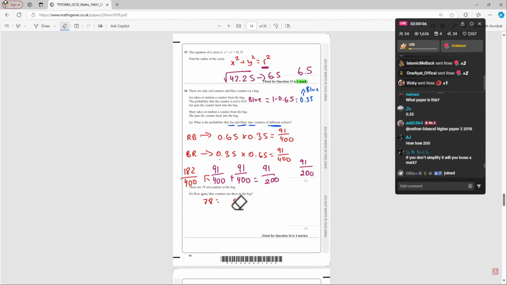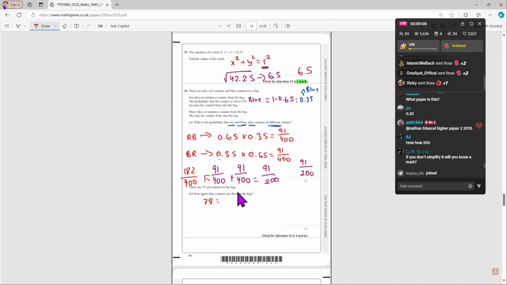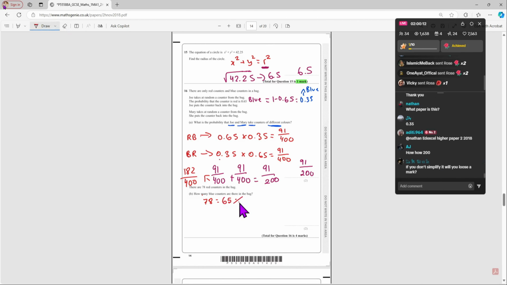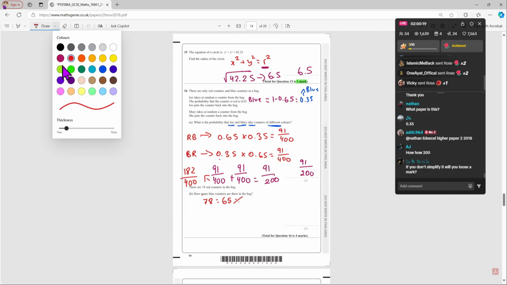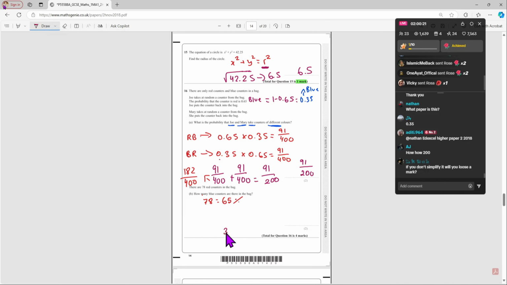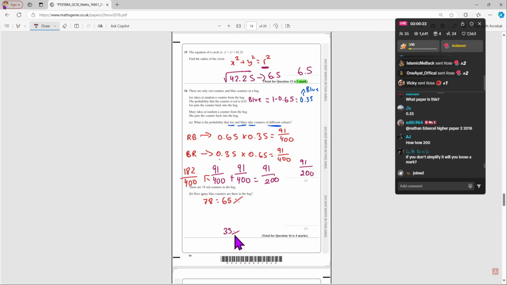So 0.65 is 65%, okay? 78 counters is 65% of the counters. We know that the percentage of blue counters is 35%, so we have to get to 35% some way. How do we get 35%?